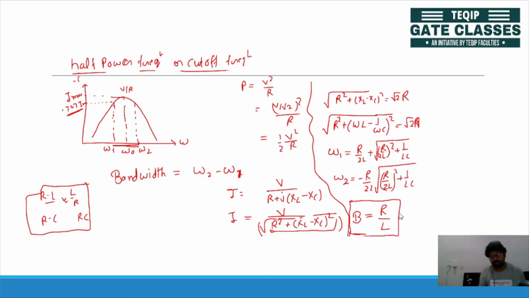Okay, now let's discuss another term, that is the quality factor. So the sharpness of resonance in your resonating circuit is the indication of a quality factor, the selectivity.